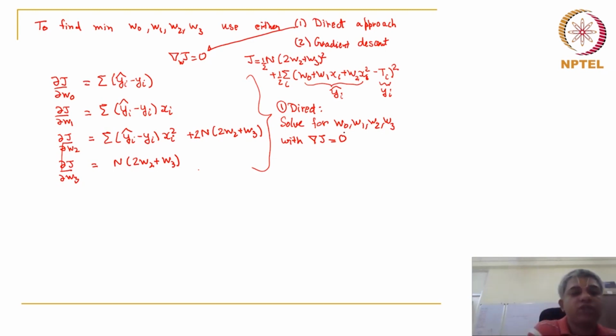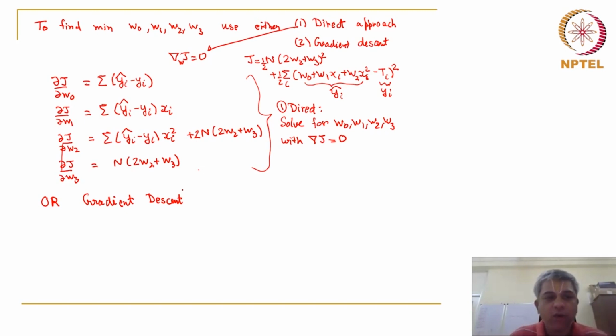So we can use gradient descent. And in gradient descent, I have already calculated this. So Wi equals Wi minus alpha del J del Wi.